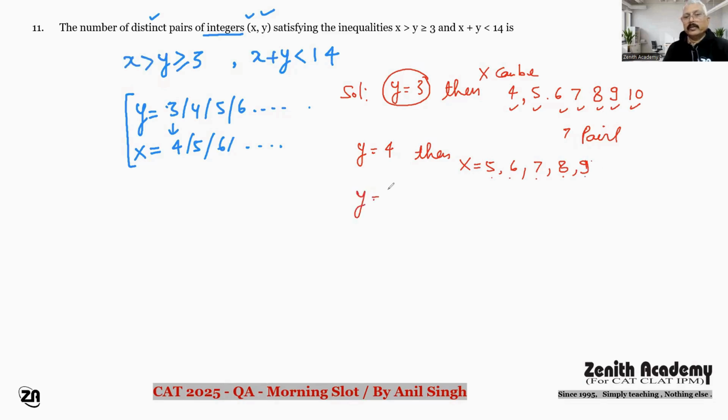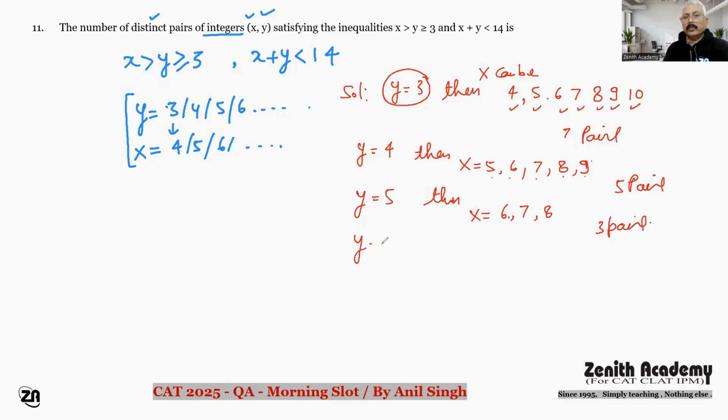Similarly for y equal to 5, when x is 6 or 7, because 6, 5, 11, 7, 5, 12, 8, 5, 13. Only 3 pairs.